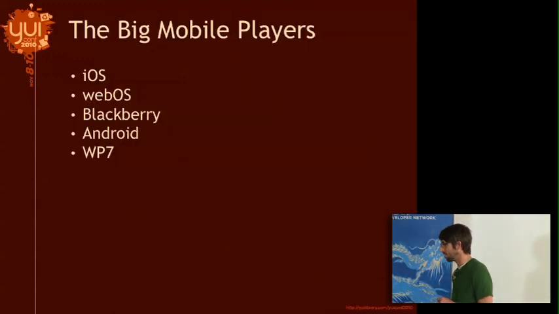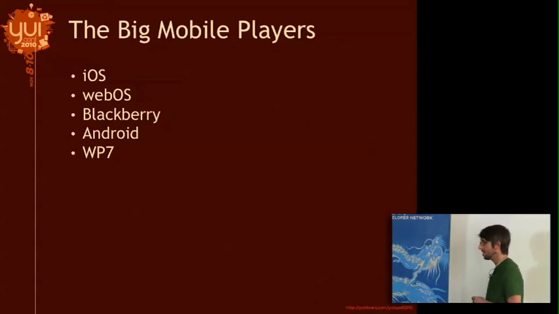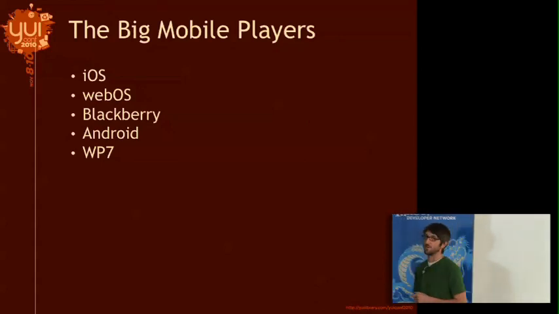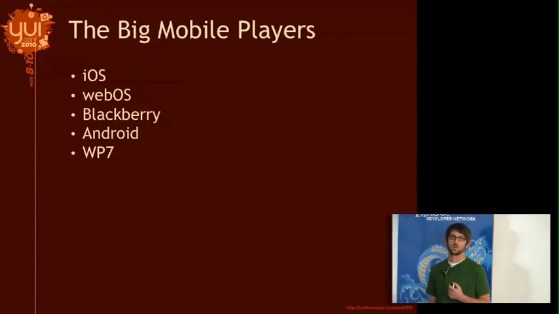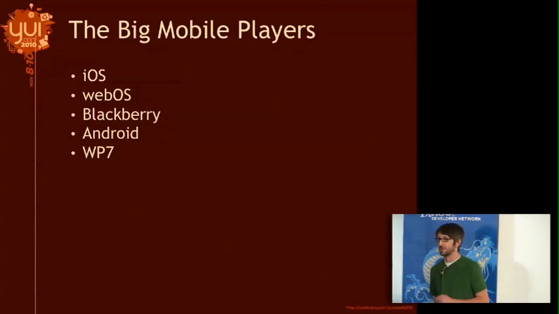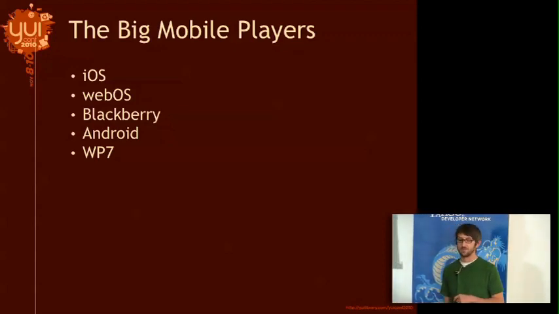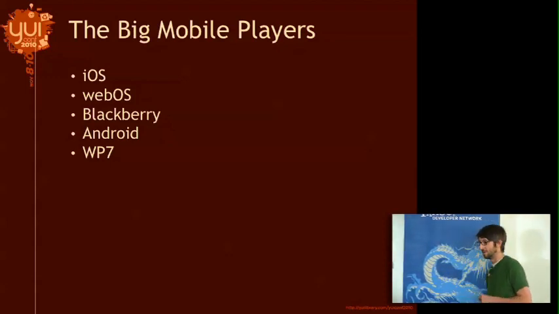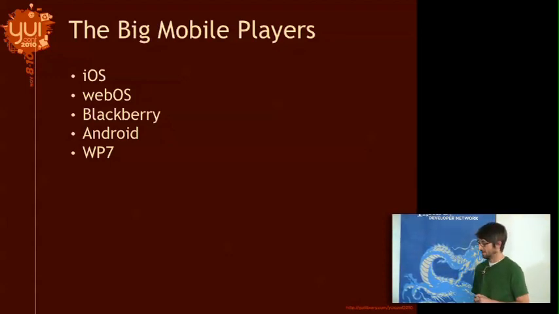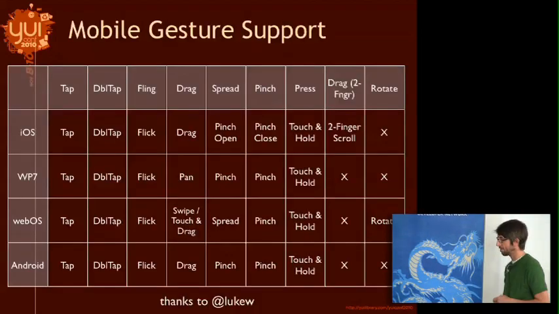But still, it boils down to the big mobile players that are the most interesting when we're talking about touch, especially in a web context, especially at a YUI conference. So you've got iOS, you've got WebOS, BlackBerry, Android, and Windows Phone 7. Seem to be on a bad streak of naming things these days.